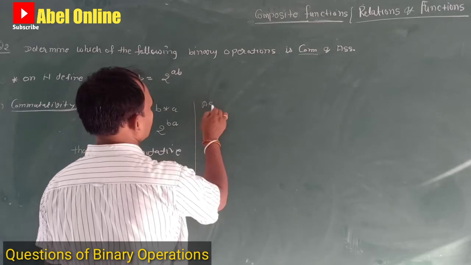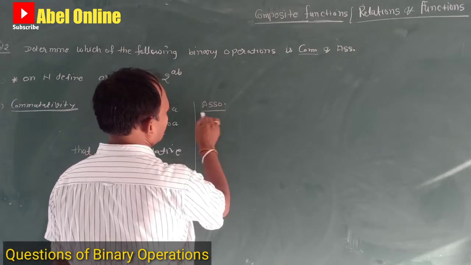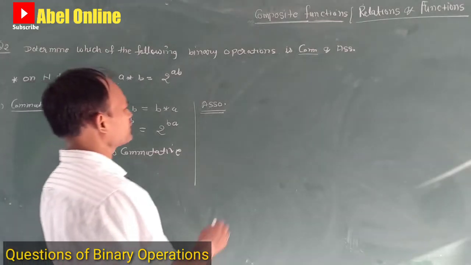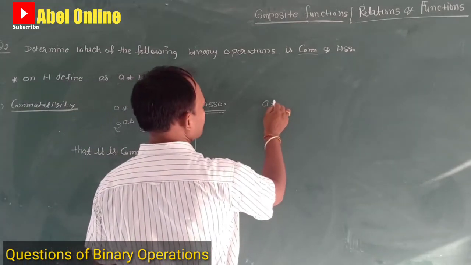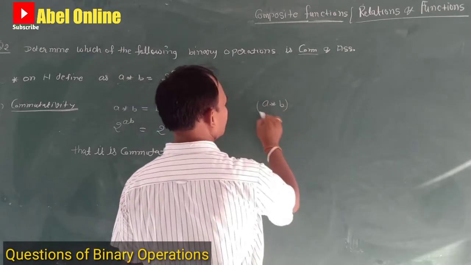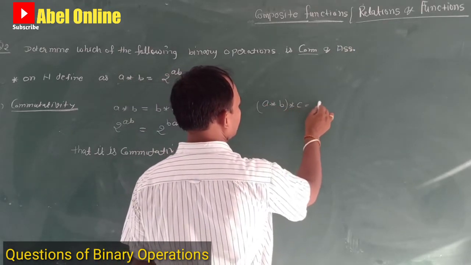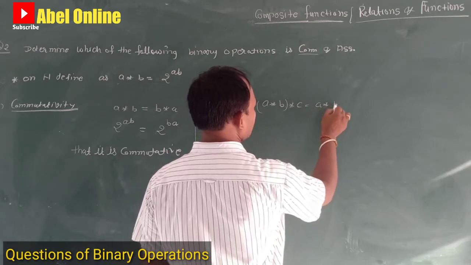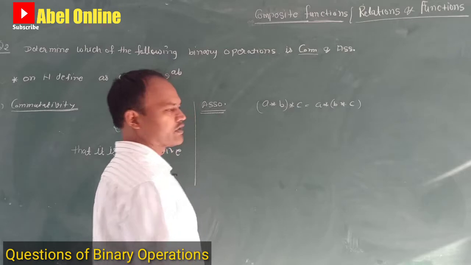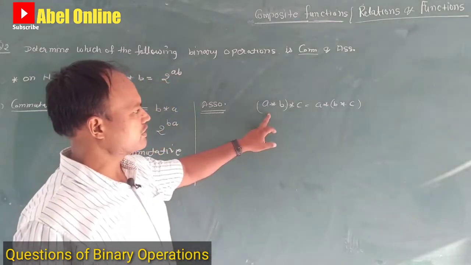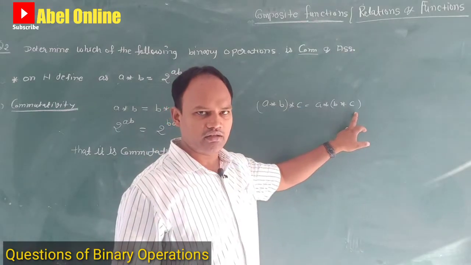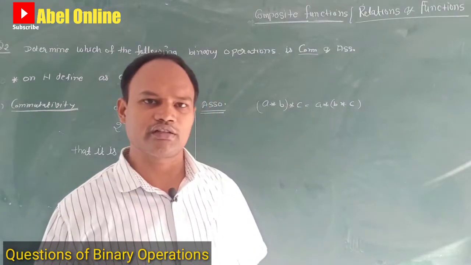Now associative, we have to prove. Then we can say that (a star b) star c equals a star (b star c). First we have to find a star b, and secondly we have to find b star c. Then we have to operate them with each other.